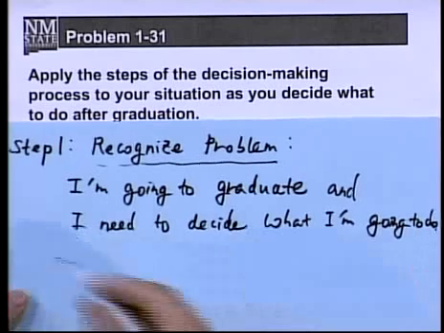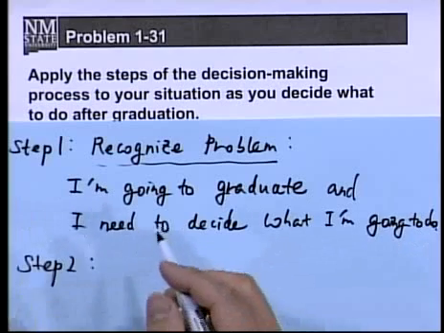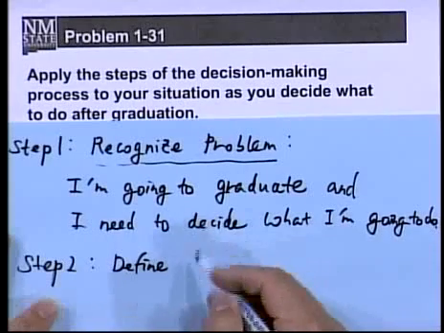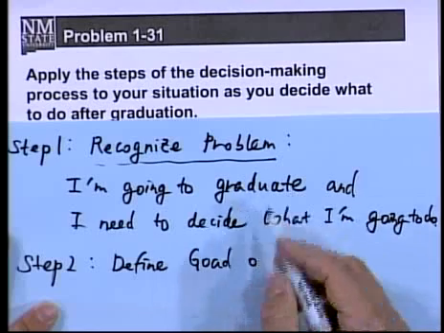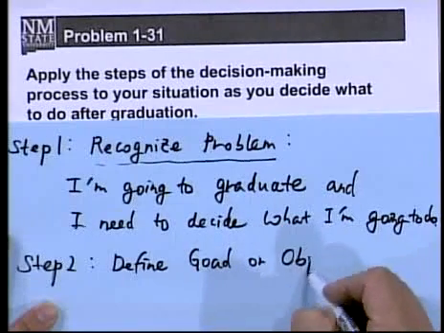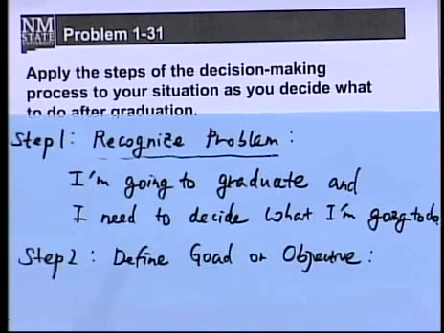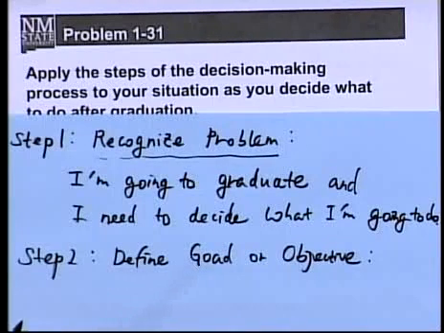Okay, and the next step, step number 2, define the goal or objective. So you do not want to move back in with your parents. And you would much rather be independent, probably live on your own and do something that you really enjoy.